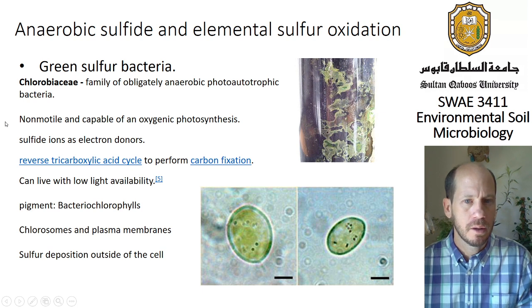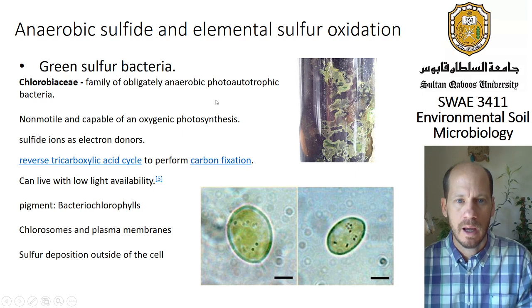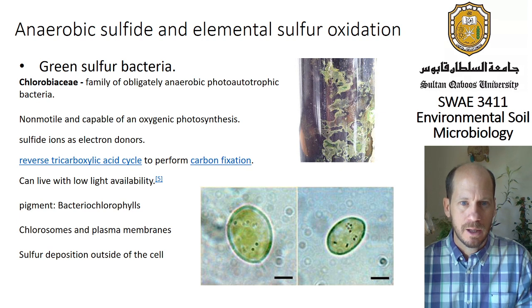It becomes a little bit messy because these microbes are both phototrophs and chemolithotrophs at the same time, because they need light to move the electron transport chain in these systems, whereas the electrons are coming directly from sulfur molecules.